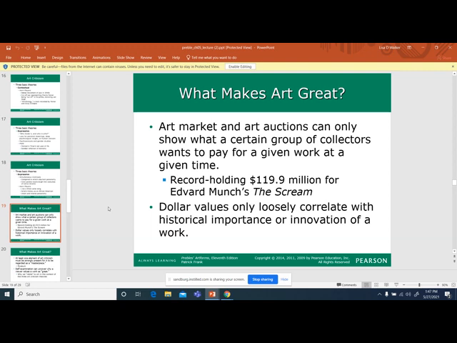You have the purchase of the materials, you have the purchase of the paint, you have the long period of time that you have to work to create this. And for a piece like The Scream, which was done nearly 100 years ago, you have the history of the last 100 years of that painting that's laid on top of that.